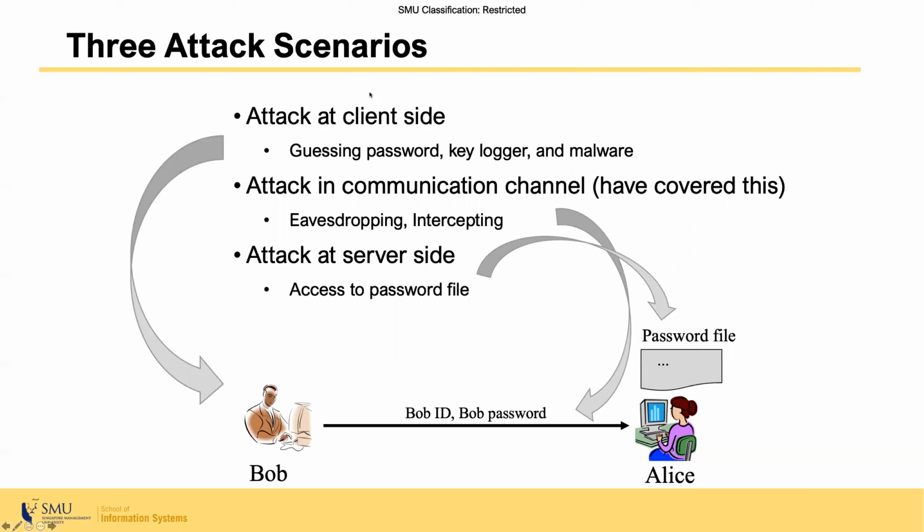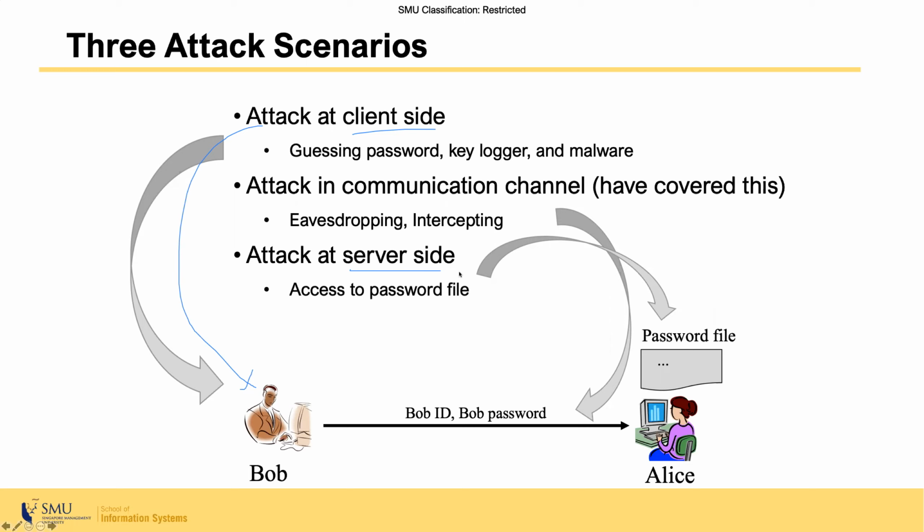Previously, we have defined what client side is. We have defined what server side is. Obviously, attack at client side would happen at the client side software when the attacker is trying to guess your password, or he could be using some kind of malicious software.